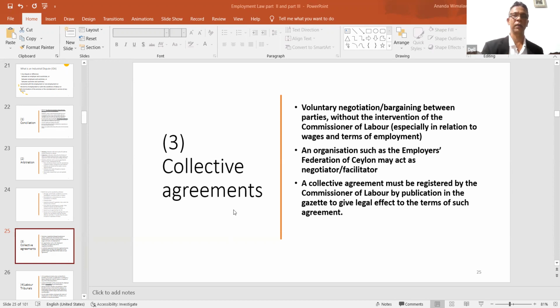Okay. Now, right. Next subtopic is collective agreements. I'm a little tired, ladies and gentlemen, so I would like to have a break right now. It's 9:10, right? Up to 9:25, 15 minutes.